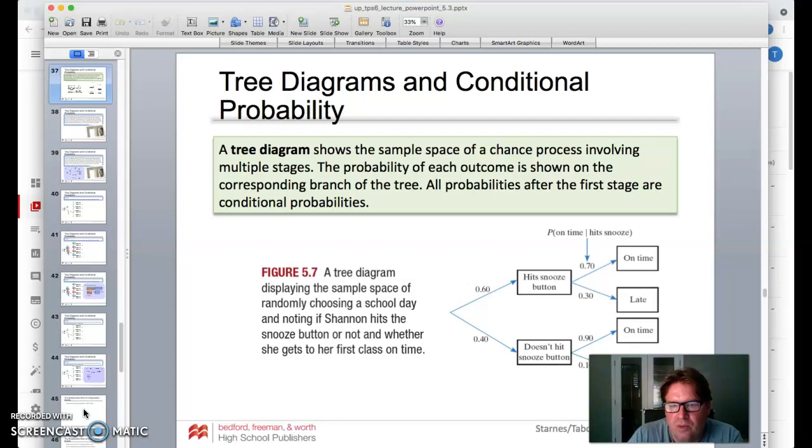If she hits the snooze, there's a 70% chance she's on time, 30% late. If she doesn't hit the snooze button, then it's 90% on time and 10% late. So obviously not hitting the snooze gives a better chance of getting there on time. The tree diagram shows all that, and you can see the probabilities adding up to 1 at each of those branches.